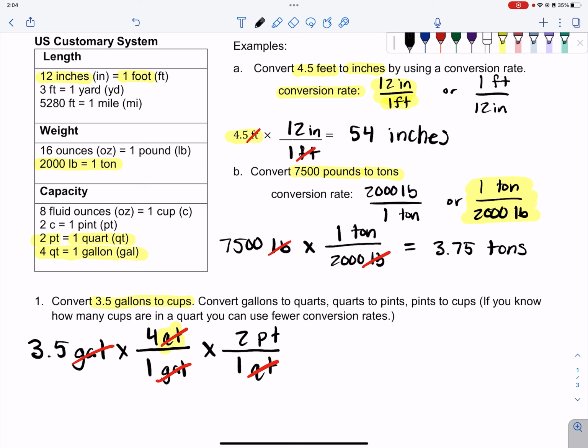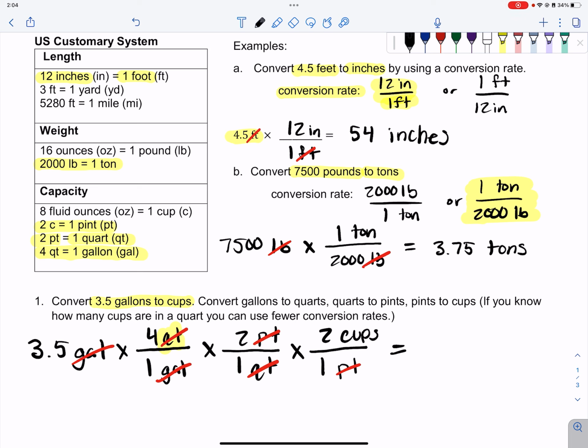And then we can finally multiply by our last conversion rate right here, where we have that 2 cups is equal to 1 pint. So I need the pints to cancel, so 1 pint is going to go on the bottom, and then the 2 cups on top. So now pints cancel out, and the unit that we're now left with is cups, which is what we want.